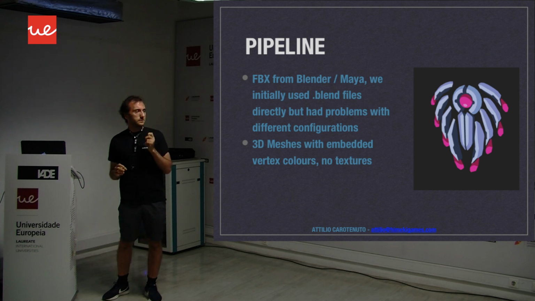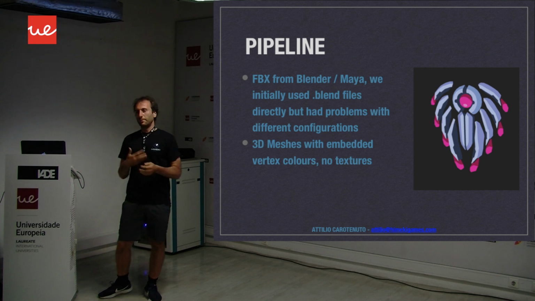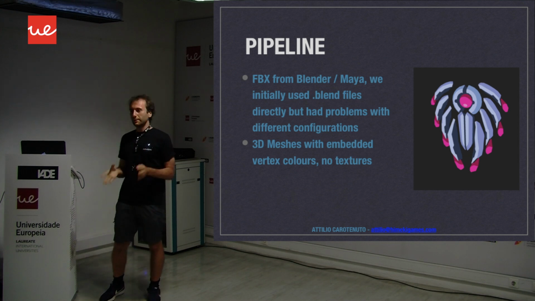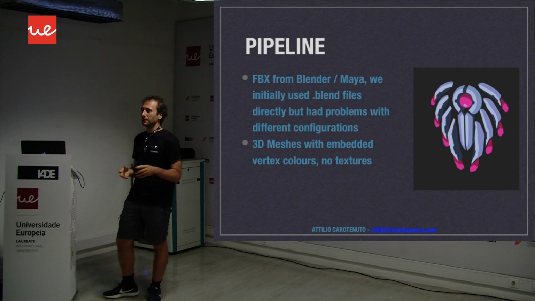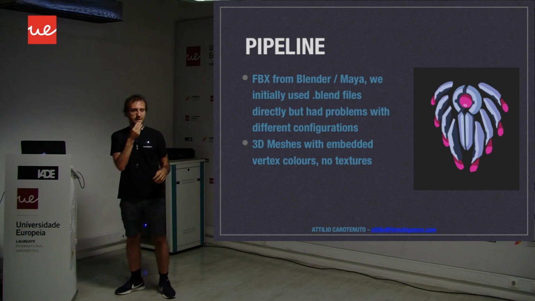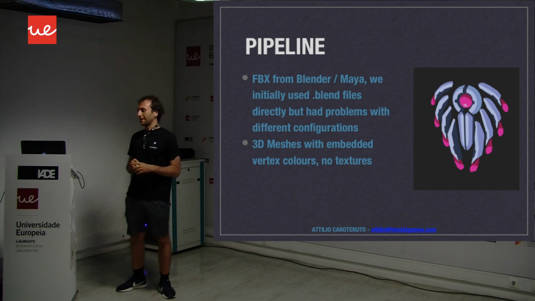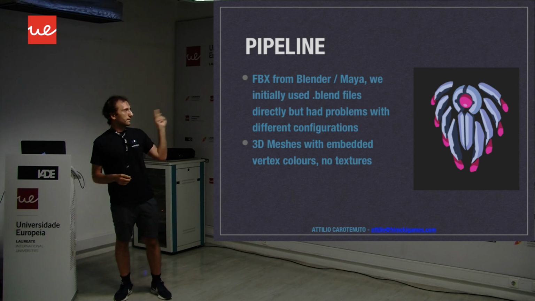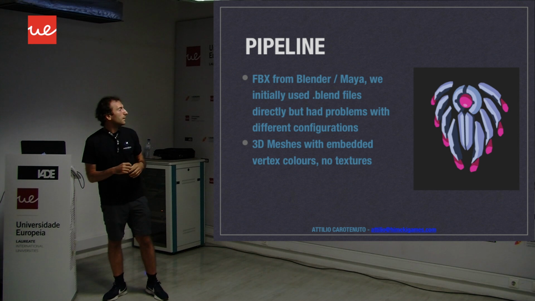Initially, the artist was using Blender, and in Unity, you can actually put blend files directly in Unity, but we found it doesn't work very well because you need Blender installed, and you need the actual version that they use installed. We're working with contractors, and they didn't have Blender, and so we spent a lot of time trying to make it work. So I don't really recommend doing this. The best way is just to export to FBX or any other format.